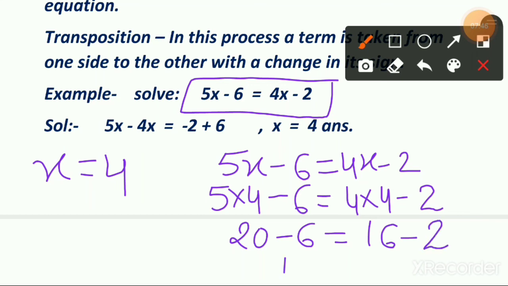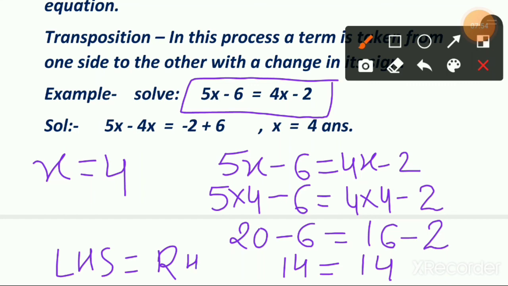So 20 minus 6 is 14 and 16 minus 2 is also 14. We know 14 equals 14, so it makes this statement true. LHS is equal to RHS. You will always get LHS equal to RHS, because we know the solution is the value of the variable which makes the statement true. So this is the check.